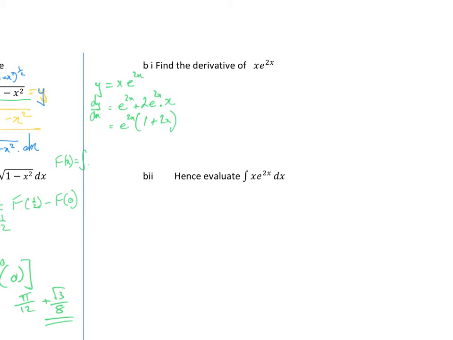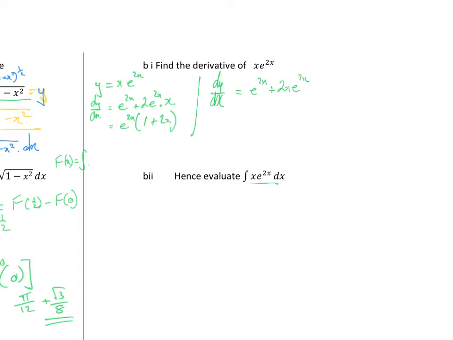That's not bad. I probably won't simplify it further. dy/dx is equal to, just expand it again, e to the 2x plus 2x e to the 2x. Because now I'm looking at that x e to the 2x here in part B. So there's part A, happy with that.